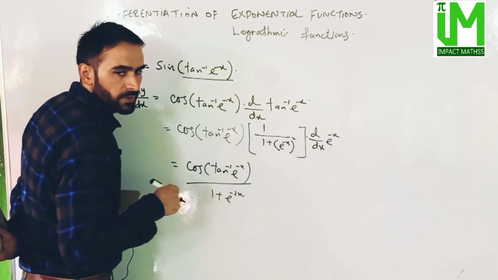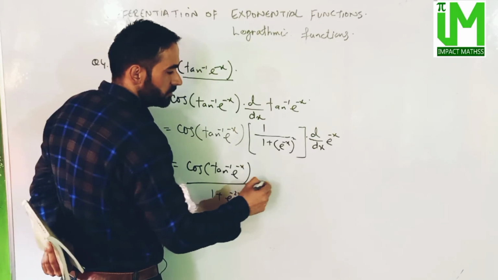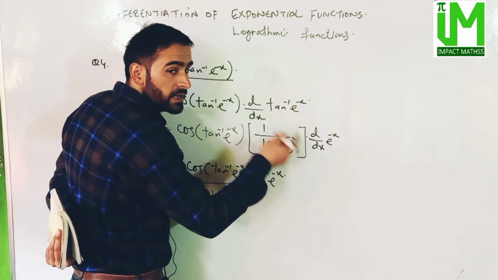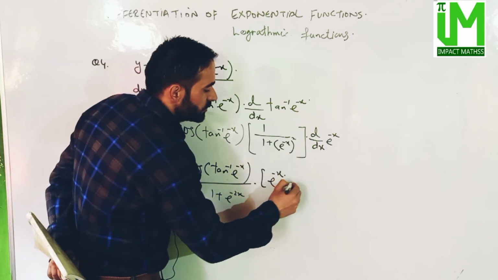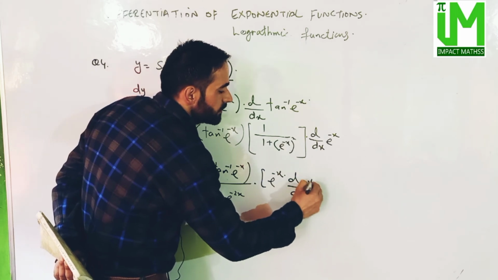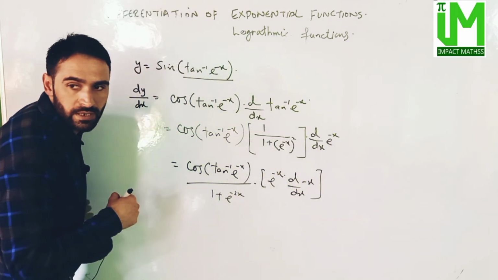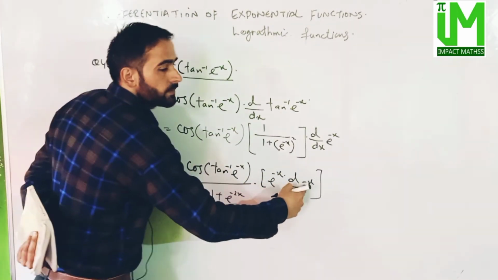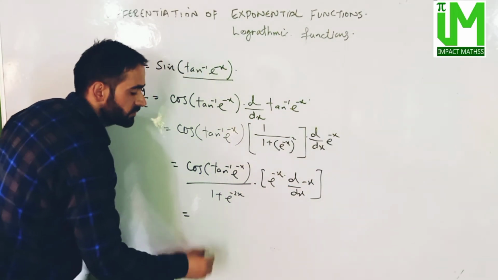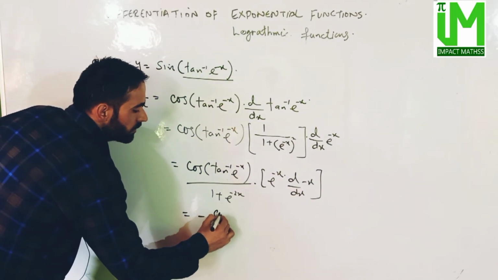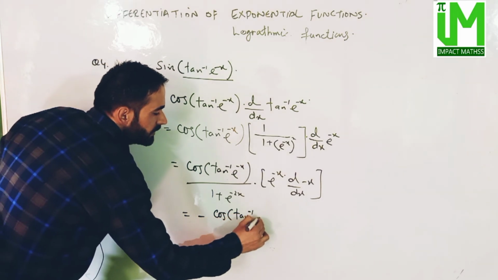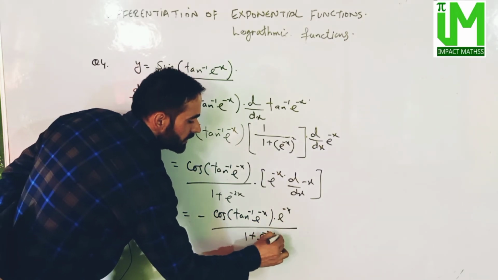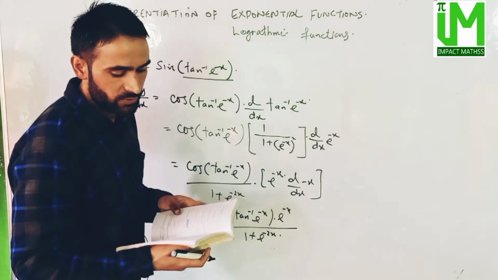Differentiation of e raised to power minus x is e raised to power minus x, into the internal differentiation, d by dx of minus x, which is minus 1. So it will be minus cos of tan inverse e raised power minus x into e raised power minus x divided by 1 plus e raised power minus 2x. So this is question number 4.